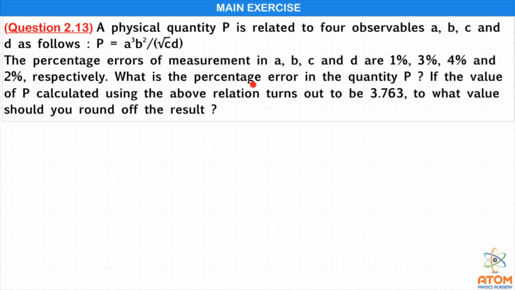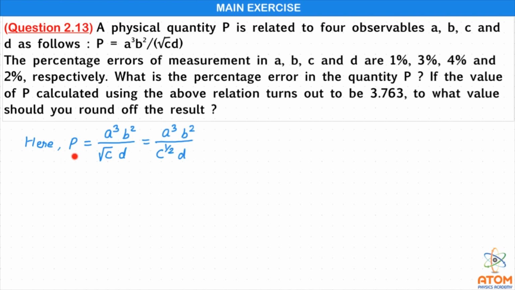What is the percentage error in the quantity P? If the value of P calculated using the above relation turns out to be 3.763, to what value should you round off the result?